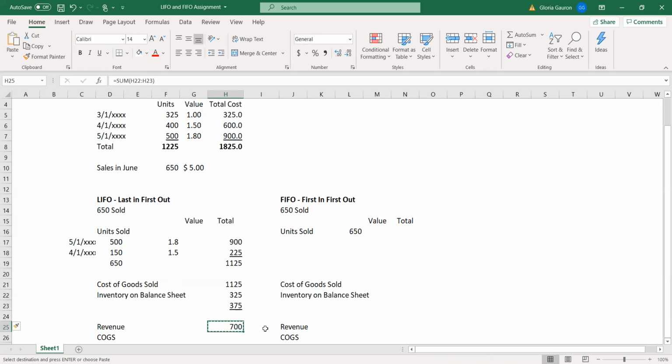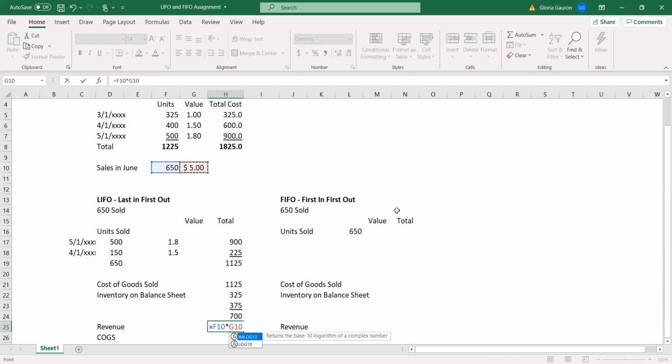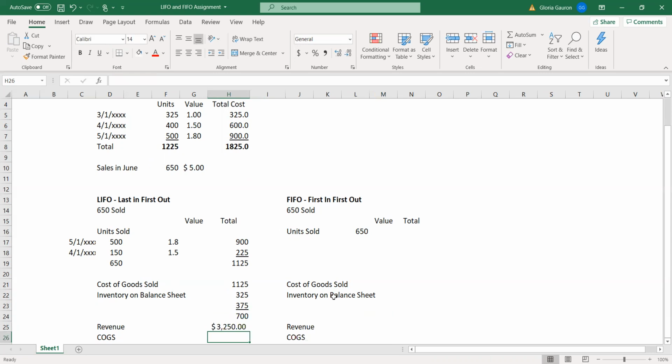I'm just going to take this and move it up here. So now let's look at the revenue and the cost of goods sold to see what my gross profit is using LIFO. My revenue is 650 units multiplied by $5, because that's what I'm selling my pens for. That's $3,250.